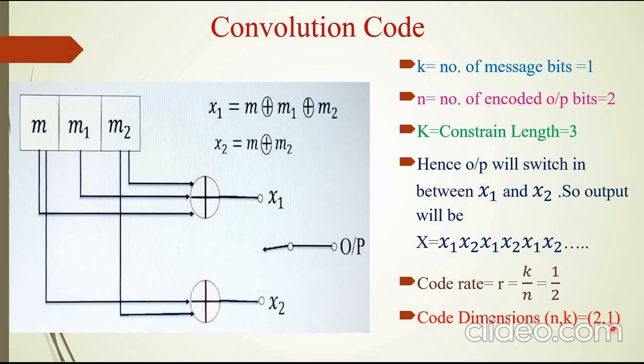For this example, the convolution encoder is (2, 1), where 2 is the number of output bits and 1 is the number of input bits.